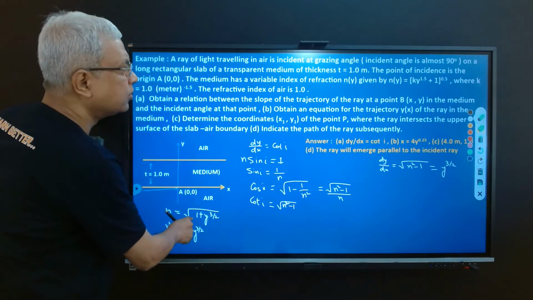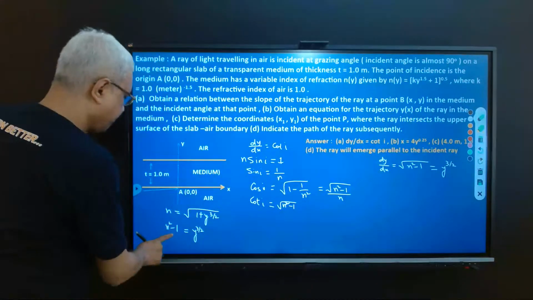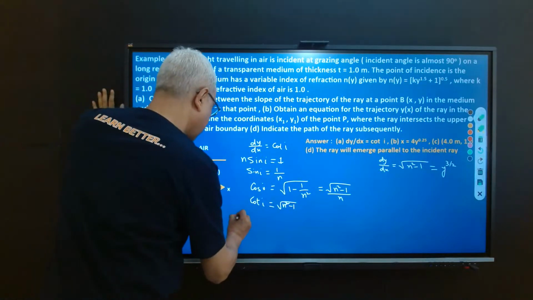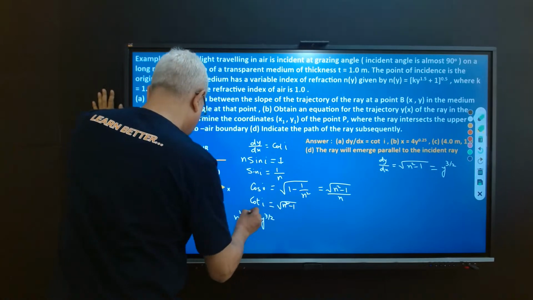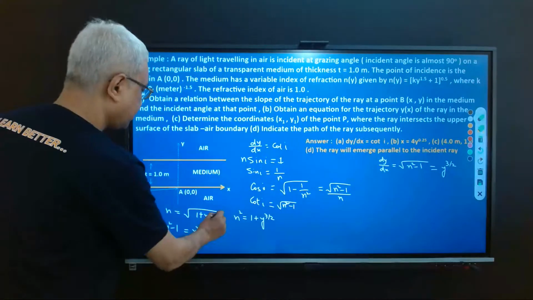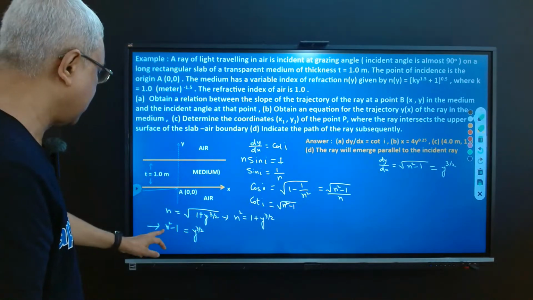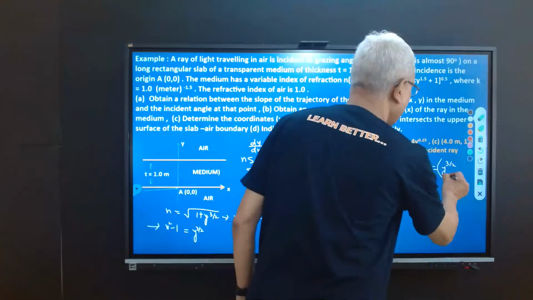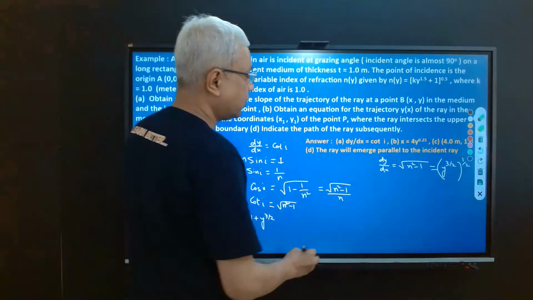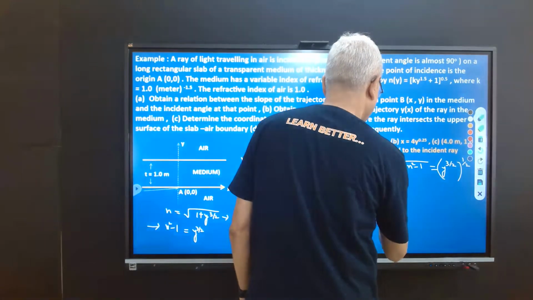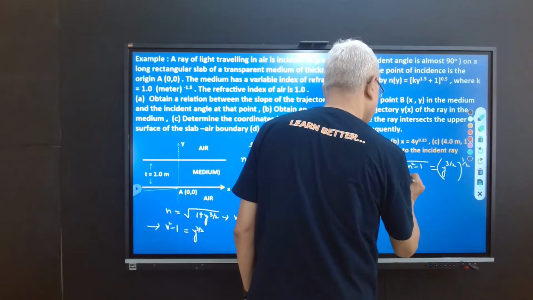This is square root of 1 plus y to the power 3 by 2. So n square is 1 plus y to the power 3 by 2. So n square minus 1 is y to the power 3 by 2, and that whole to the power half. Square root of n square minus 1. So dy dx is y to the power 3 by 4.